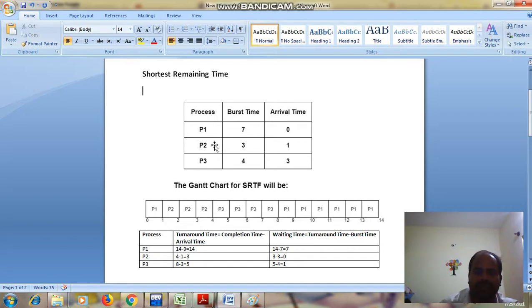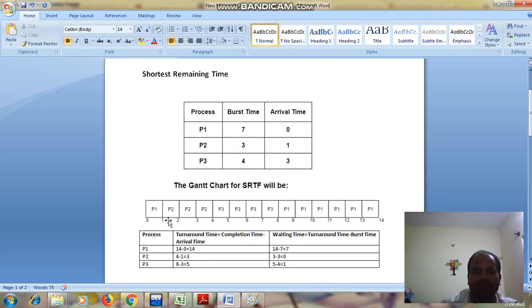At 1 second, P2 has come, with burst time 3 seconds, and since P1 has been allocated for 1 second, its remaining burst time is 6. Between 6 and 3, the shorter is P2.